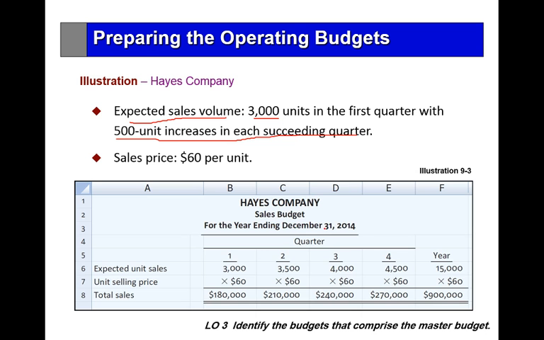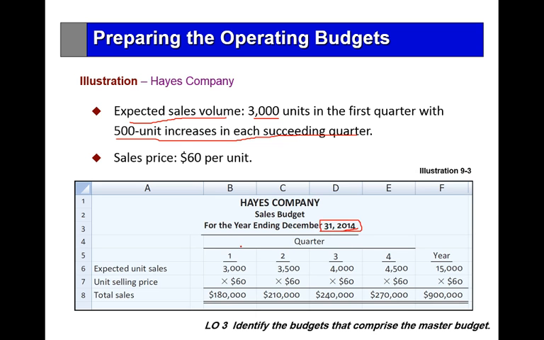We assume that the budget is for the coming year, which we assume is 2014. We know that we are in 2020 and the coming year is 2021, but for this example, we assume that the coming year is 2014.